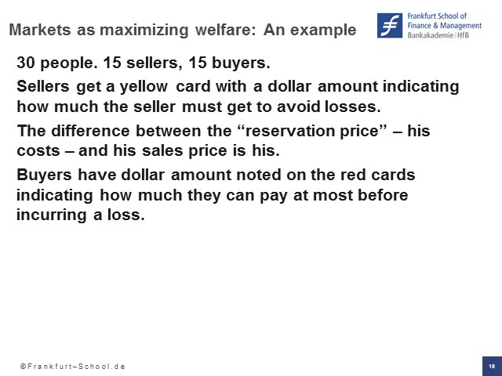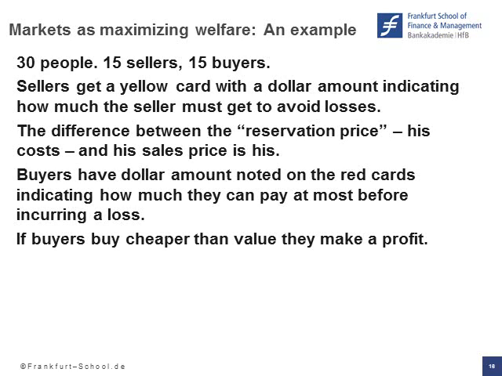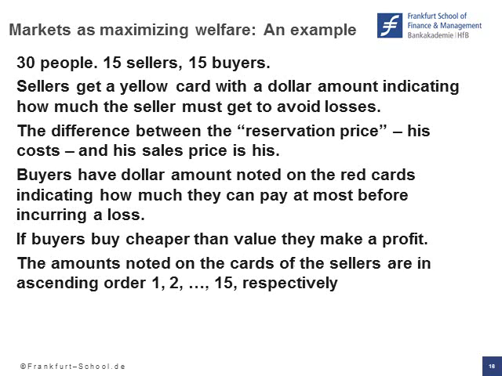So if you have a card on which there is the number 10, you know you should never pay more than $10 to the counterparty, because then you would lose. But if you pay only $6, you can keep the $4 that are the difference between the 6 you pay and the 10 on your card. If buyers buy cheaper, they make a profit. Turning a profit is the aim of both sides of the market.